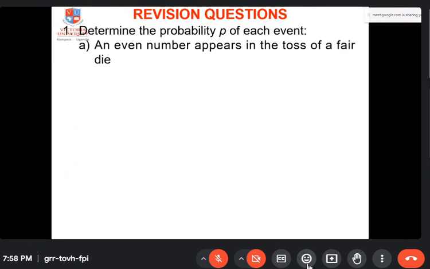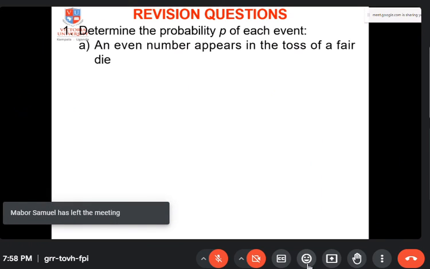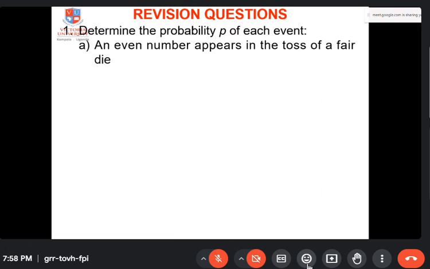Now we have some questions here. Maybe we can try some. Determine the probability P of each event. An even number appears in the toss of a fair die. What is that probability?